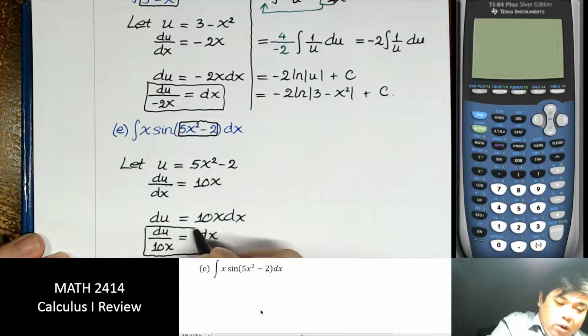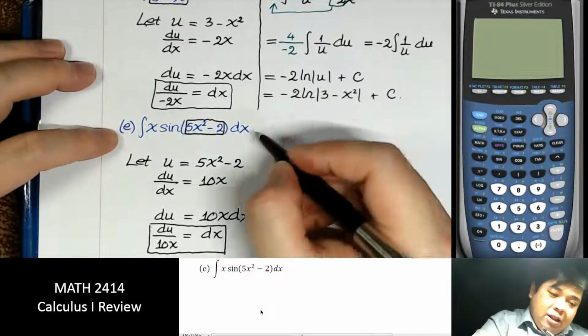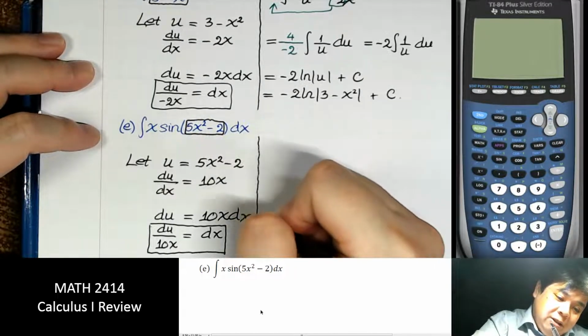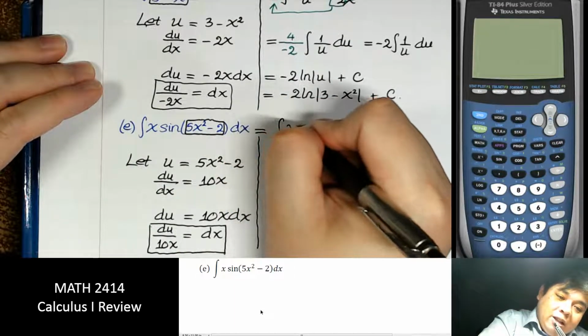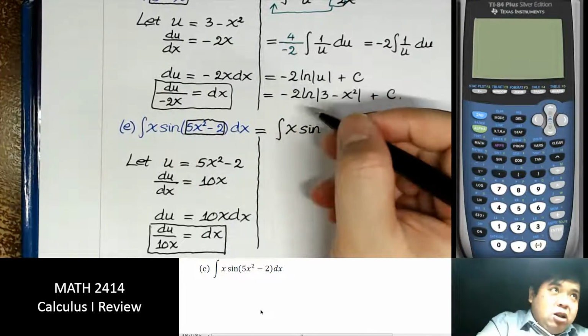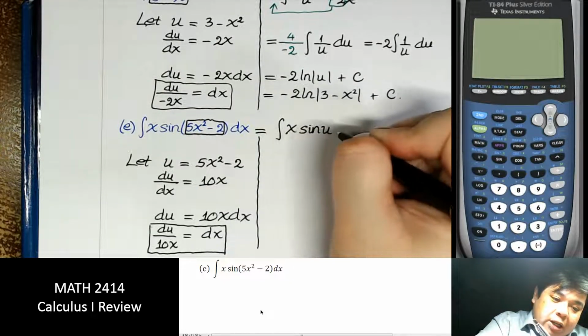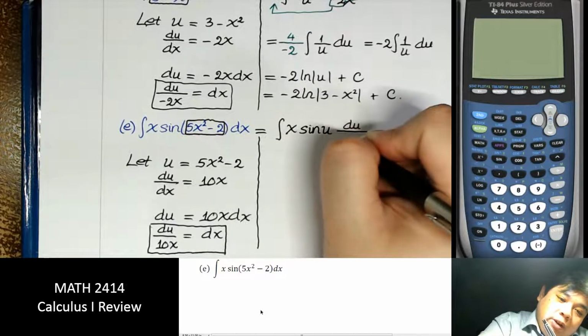And there are two components of a substitution, u and dx. So we have x, and then sine 5x squared minus 2, so that is u, and then the dx, we can say du over 10x.